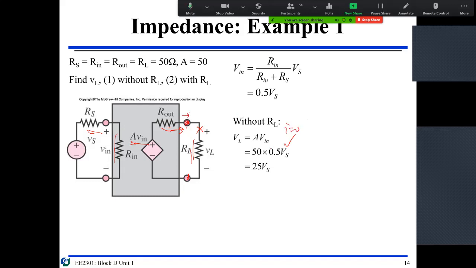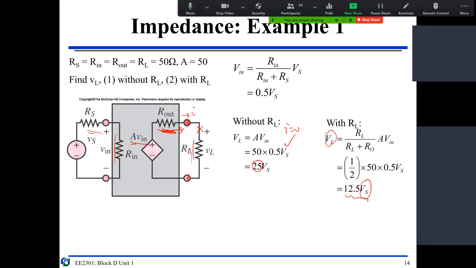Therefore the voltage is exactly the same as the source A V in, and there's no voltage drop on R out. So it's 25 VS. With RL, you need another voltage loop.